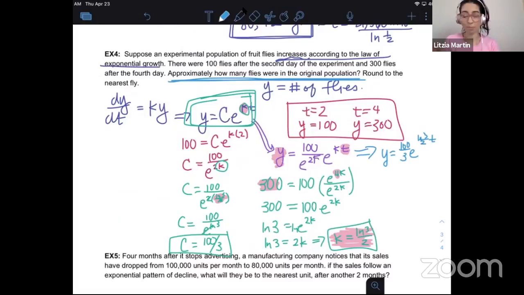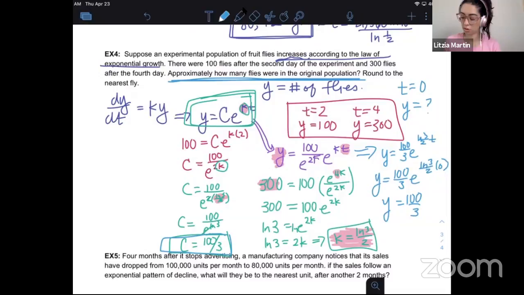Technically, we already found that because remember I said c is your initial value, but we can just prove it, because that would mean we need to know when t is equal to 0, what is y equal to? So we can plug in 0 for t here. Which is just going to give us e to the 0, which is just 1. And so we're left with y is equal to 100 divided by 3, or approximately 33 flies.